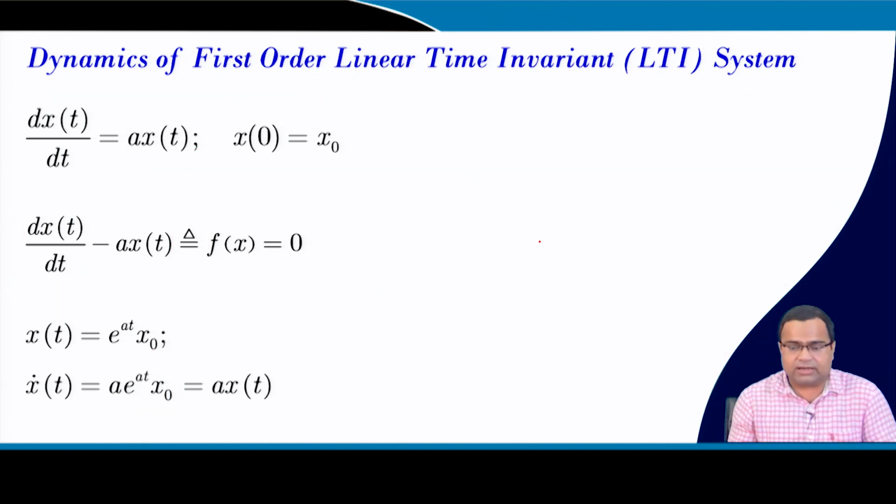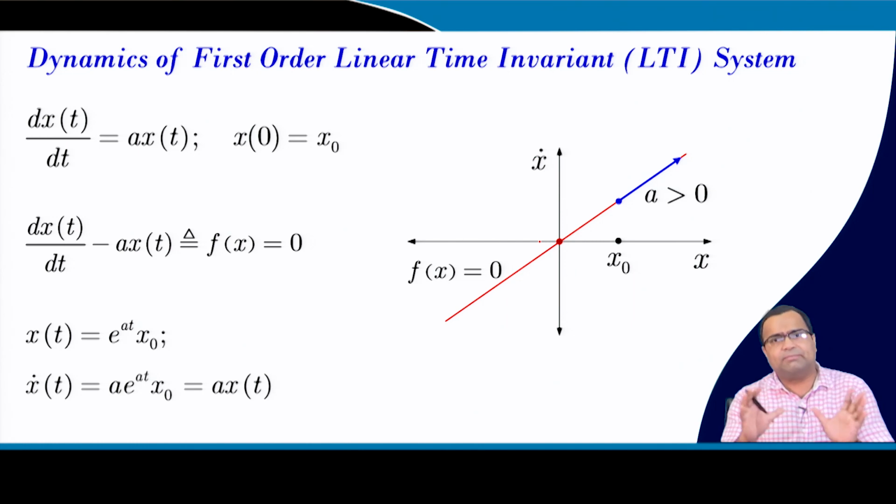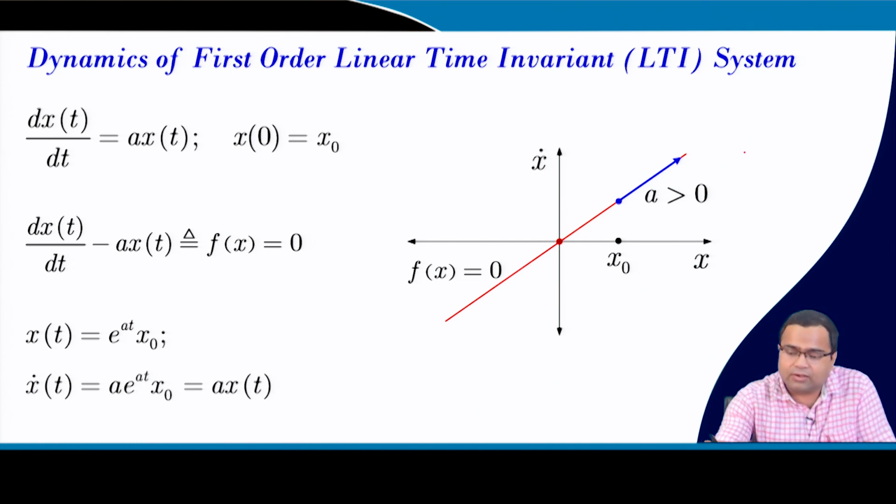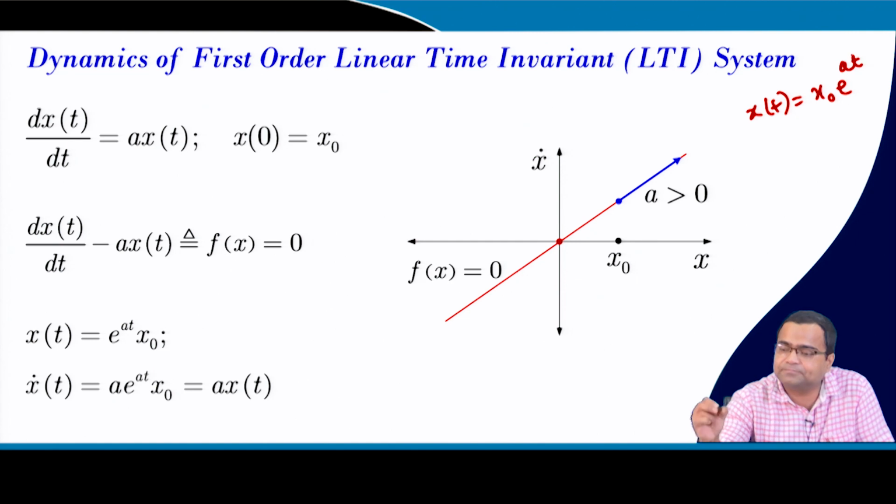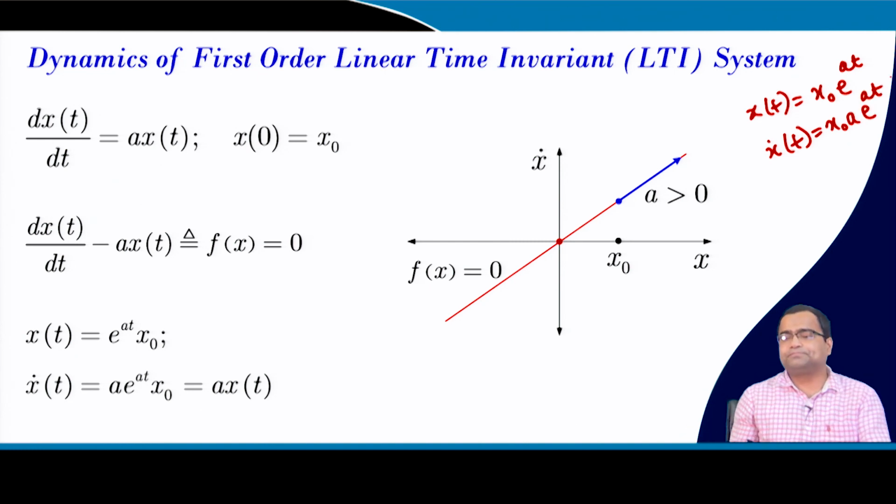Now, if we consider a to be positive, the same thing, then we know what our x of t is. It is again x0 into e to the power at. X dot t will be x0 into a into e to the power at.